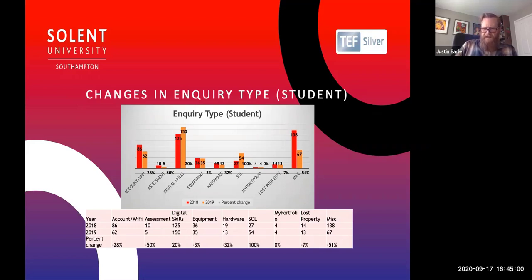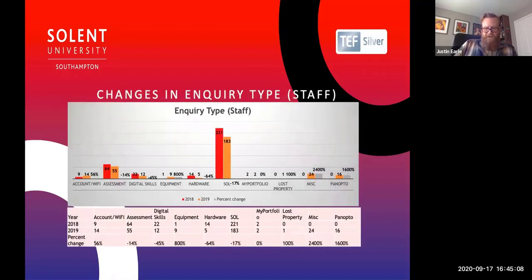Although a miscellaneous option did drop by 51%. For staff, there was no real big jump because, again, the figures were too low to really deduce anything from. But from Solent Online Learning to the Moodle platform, the figures did drop, going from 2018 to 2019.